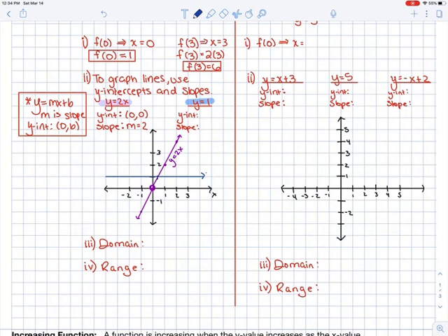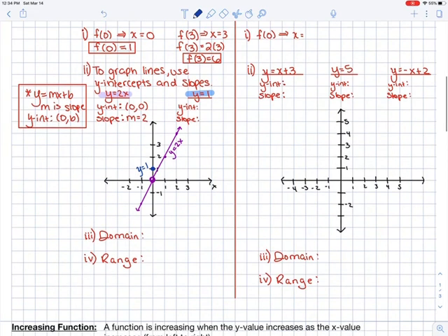But we are only graphing y equals 1 for x equals 0. That means this entire line is gone, and we're only graphing this dot at (0, 1). It's just a point, since it's only defined at x equals 0.